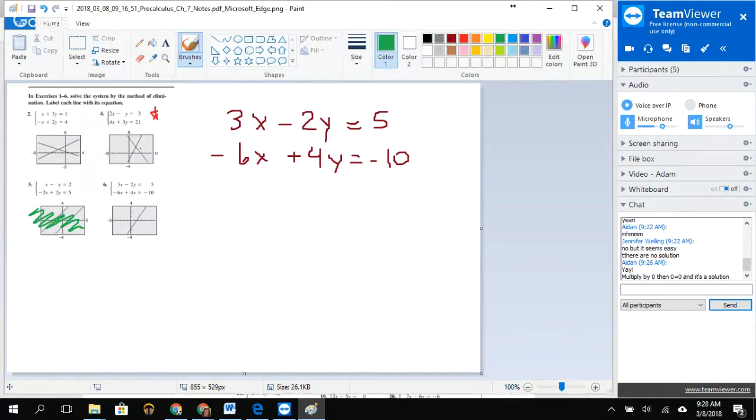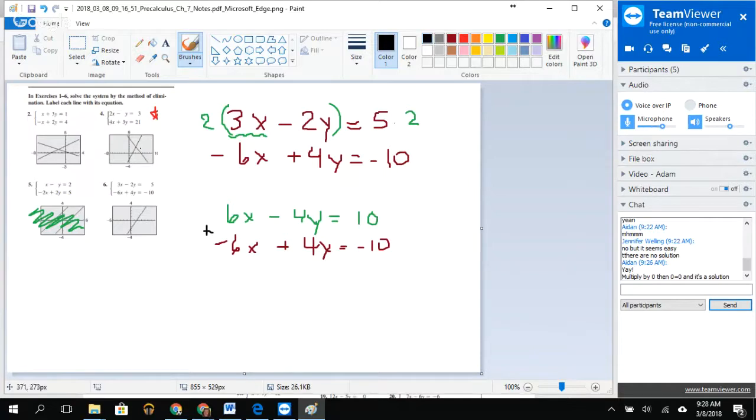All I need to do to basically transform 3x into 6x is to multiply everything by 2. So my top equation becomes 6x minus 4y equals 10. My second equation remains the same. This should feel vaguely familiar.